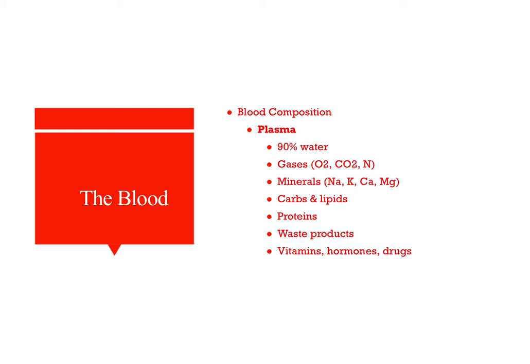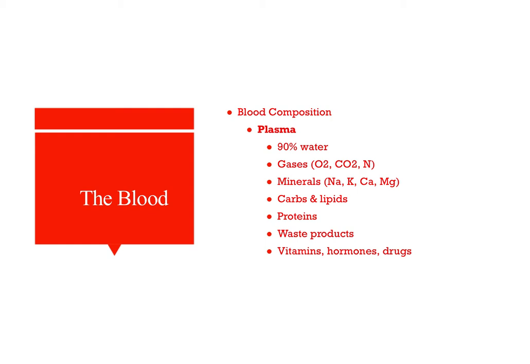All right, so blood is made up of the plasma portion, and then what we call cells that are inside the blood. The plasma is made up of 90% water, gases, minerals, carbs, lipids, which is fats, proteins, waste products, vitamins, hormones, and drugs.